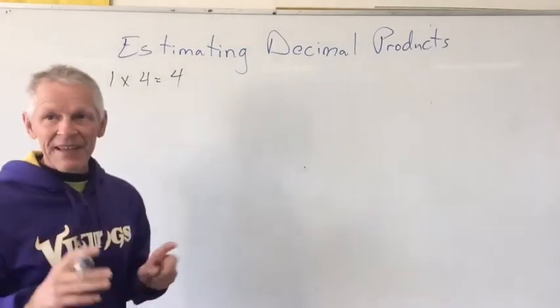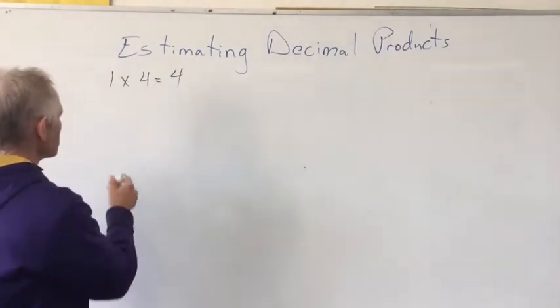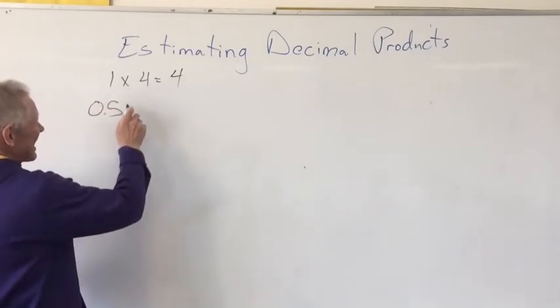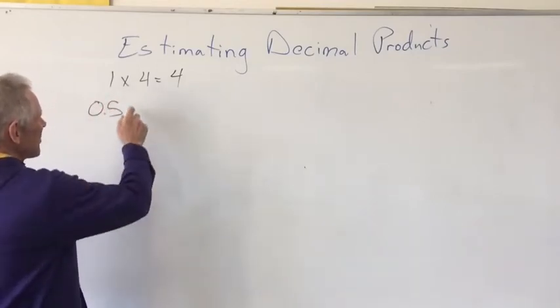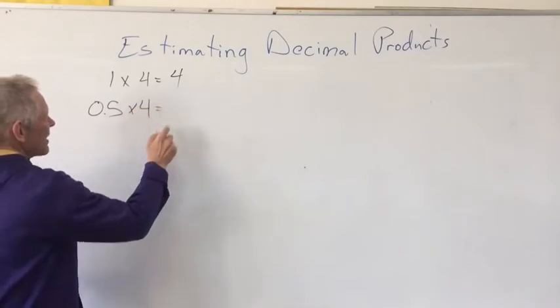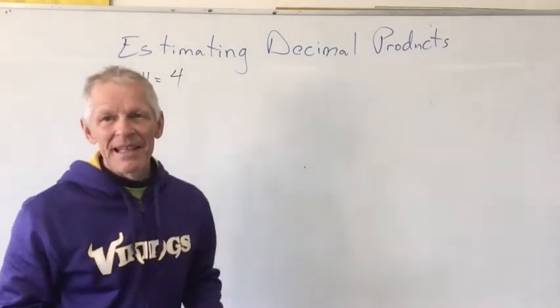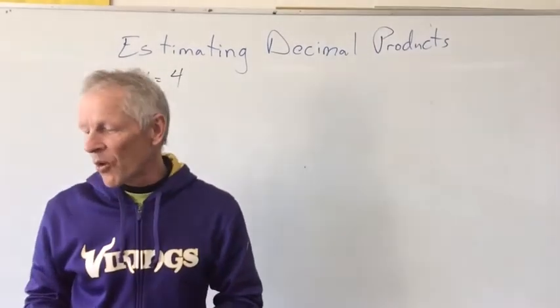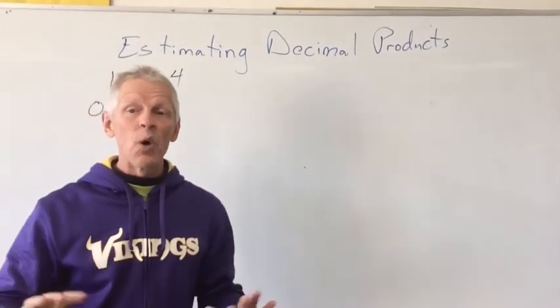Now, if I take anything less than 1, I'm not even going to do it 1 time. So if I take 0.5 times 4, my estimate better be less than 4 because I'm not even giving you 4 1 time, not even once.